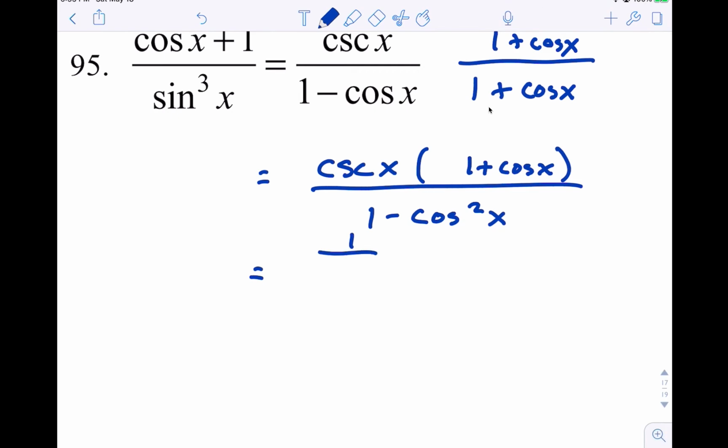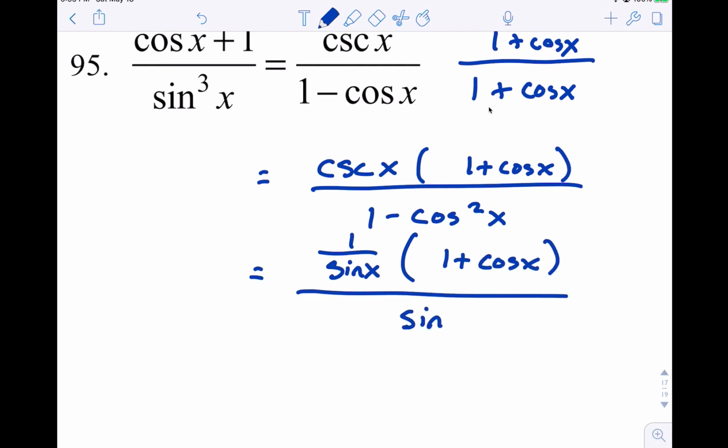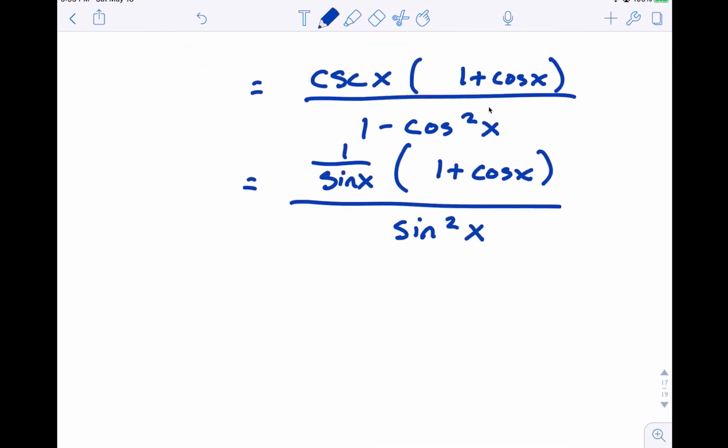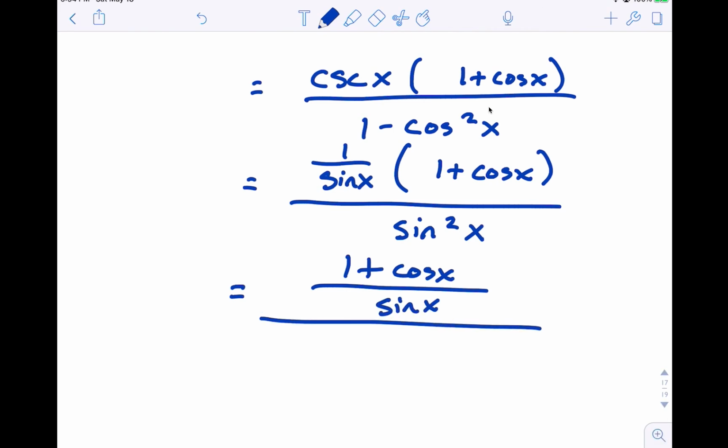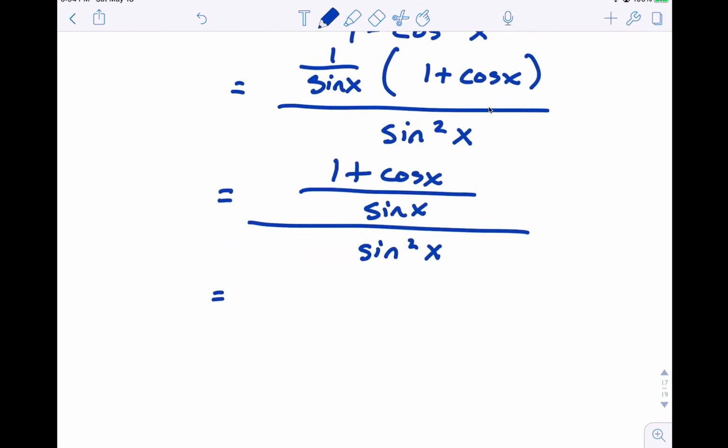So cosecant is 1 over sine times 1 plus cosine over sine squared. So now I got 1 plus cosine divided by sine, all over sine squared, which then if you divide that out, you're going to get 1 plus cosine over sine cubed, which is what you need.